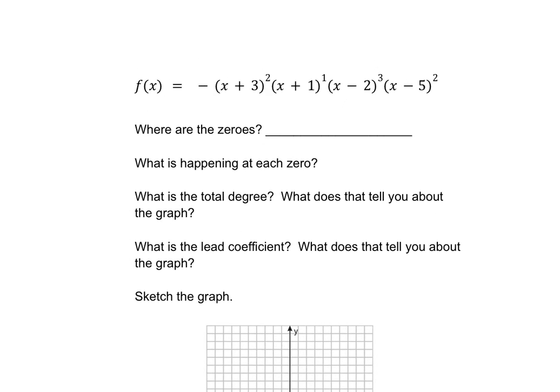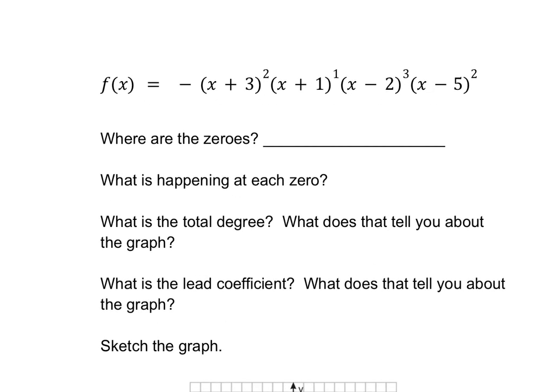The first question says, where are the zeros? Remember, the zeros are where you set each of these equal to 0. If we set x plus 3 equal to 0, that means we'd have a 0 at negative 3. If we set x plus 1 equal to 0, we would have a 0 at negative 1.